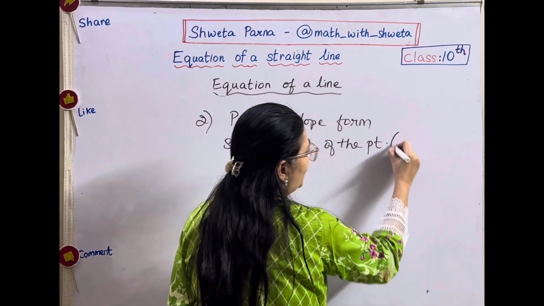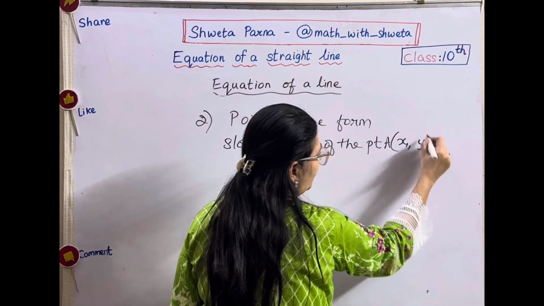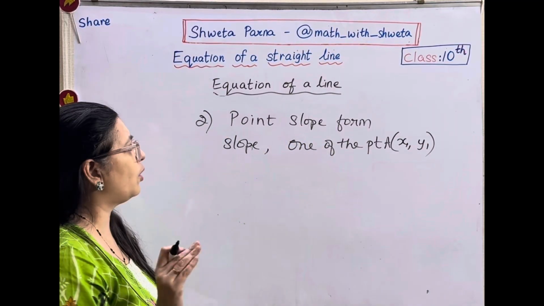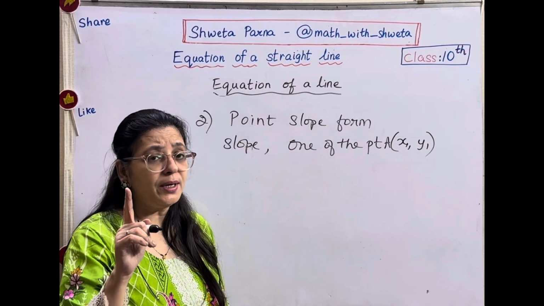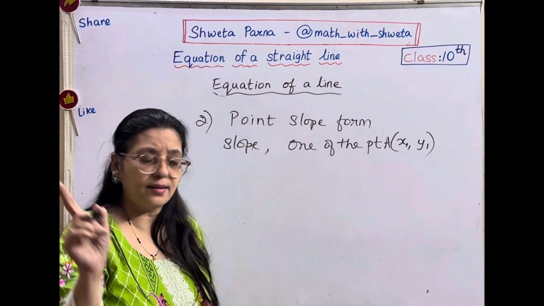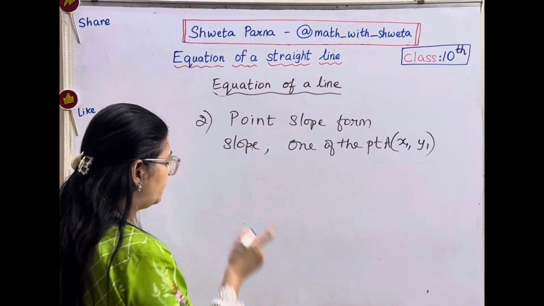Say for example, point A is given to you, which is x1, y1. Then we are going to use the point slope form. For slope intercept, you need slope and y-intercept. For point slope form, slope and any one point is given to you.